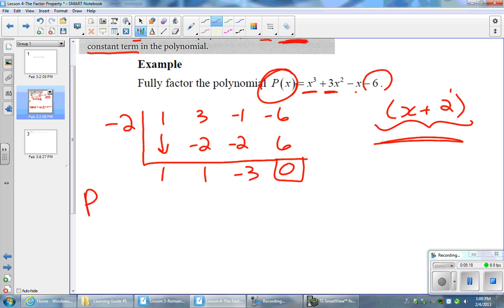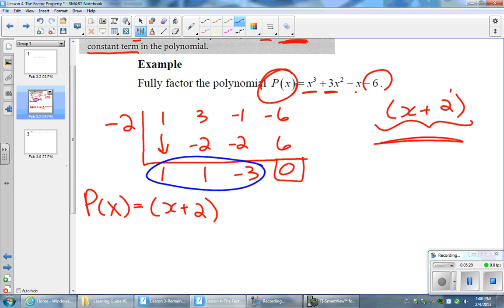So the factorization that I have so far is x plus 2. And the next factor comes from the bottom numbers of my synthetic division, and that is x to the power of 2 plus x minus 3. So far, that's what I have.